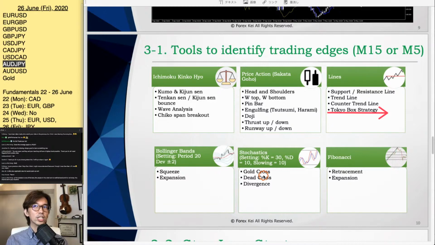And I might see the Bollinger squeeze when it's ranging in the Asian session, then I will take that one too. So this is how I add more and more confirmations to the market to capture the trading edges based on 1505. This is just one of my strategies that I use to capture the trading edges.